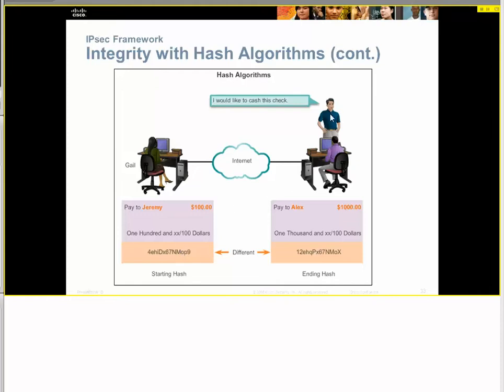At the other end, somebody else comes to this guy and says, I want to cash a check. He looks at the check and says, wait a minute, the check's made out to Alex for $1,000. The keys don't match. Ergo, no, we don't. You don't get to cash that check.